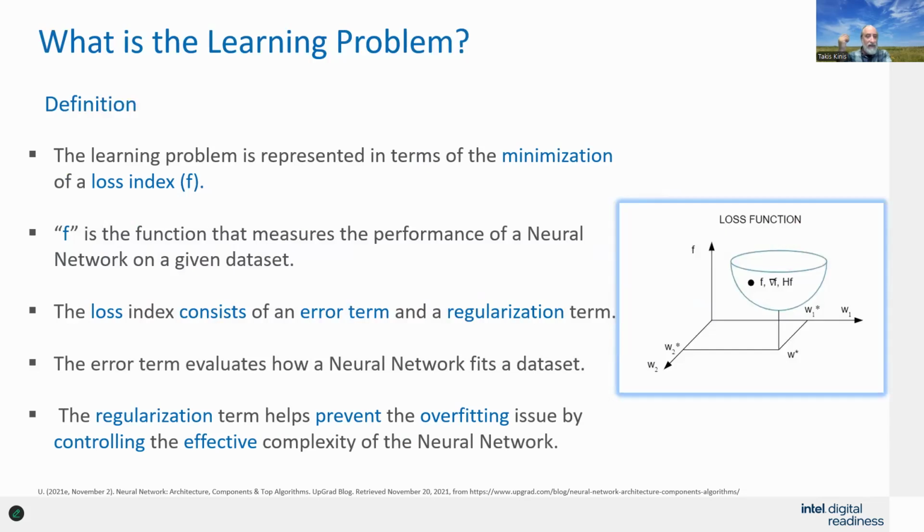All right, so to define what the learning problem is, I want you to think about optimization here. For example, if I was optimizing my travel route to Madison, what are we really optimizing?